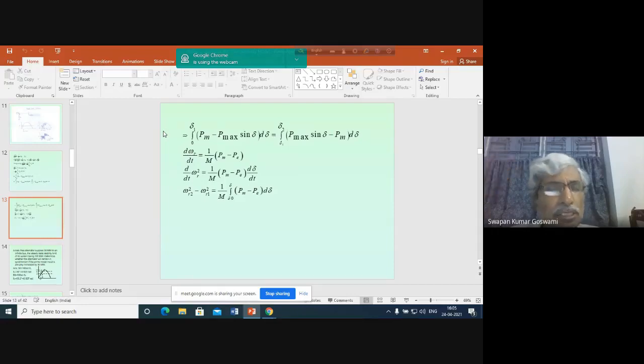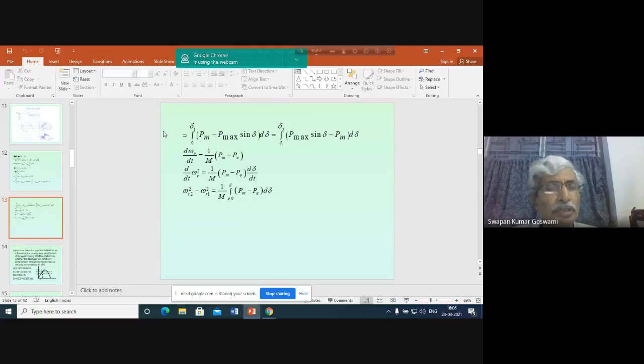If there are other oscillations prevailing in the system, then what will happen? The generator may not be able to retain synchronism, though the first swing shows that it is able to maintain synchronism. But in the subsequent swing, because of the interaction between the oscillation of this generator and the other oscillations present in the system, the generator may finally lose synchronism. So we want that no such oscillations are available in the system.